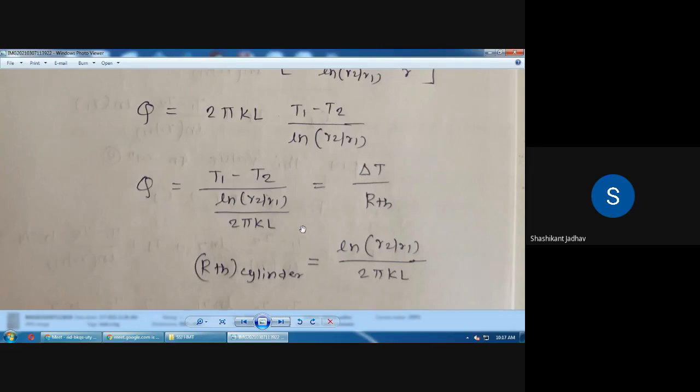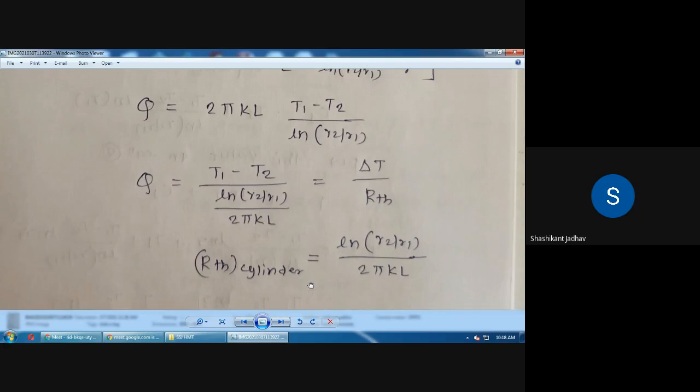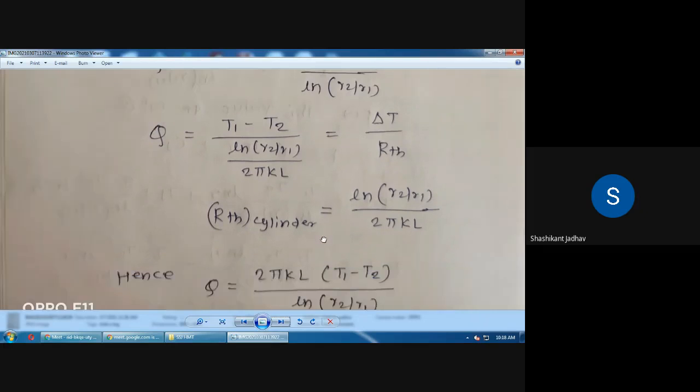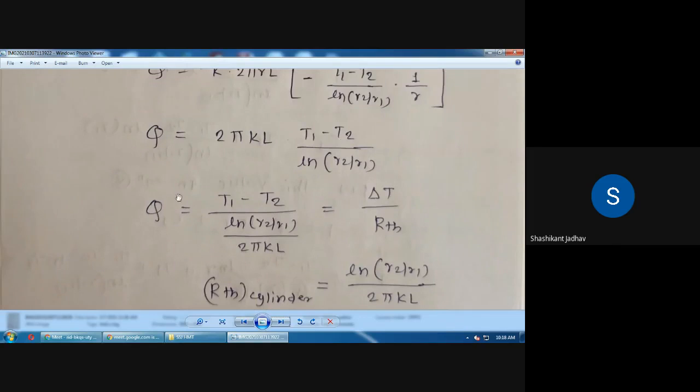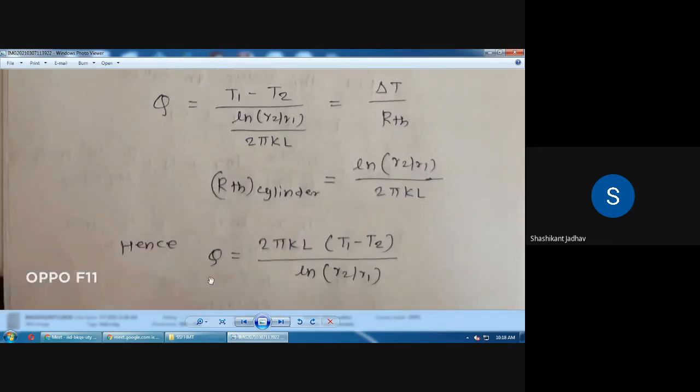Okay, so from this equation we get the equation for the thermal resistance for this cylinder, and that is equal to ln of R2 by R1 divided by 2 pi KL. ओके, नाही तर आपण फायनल तेच इक्वेशन लिहिलेलं आहे. हे जे इक्वेशन आपलं हीट कंडक्शन थ्रू दी सिलेंडर जे आपल्याला फायनल इक्वेशन मिळतं ते परत लिहिलेलं आहे मी एकदा. Hence Q is equal to 2 pi KL into bracket T1 minus T2 divided by ln of R2 by R1.